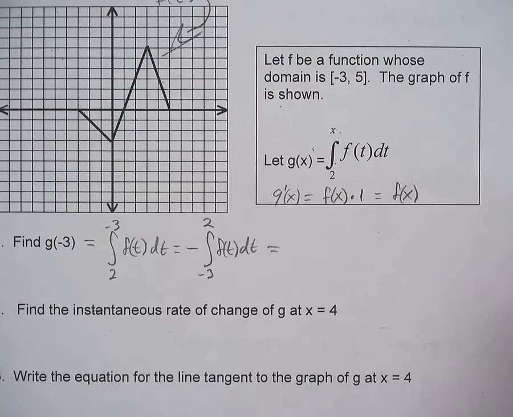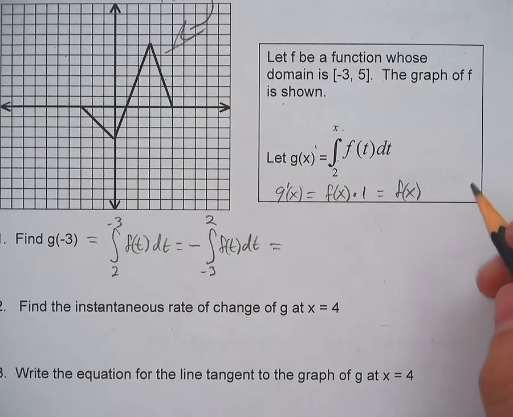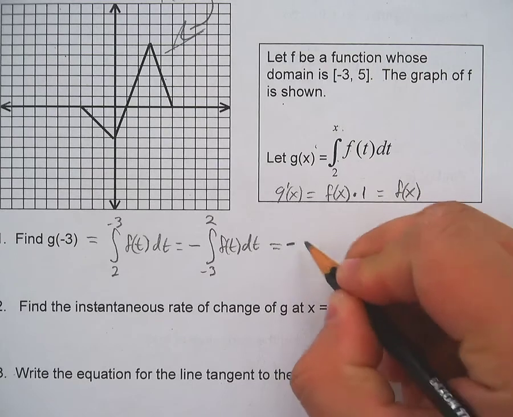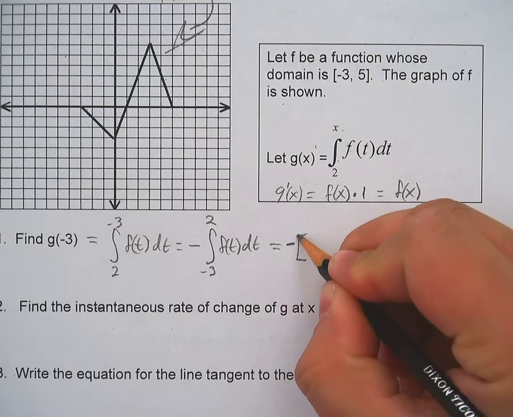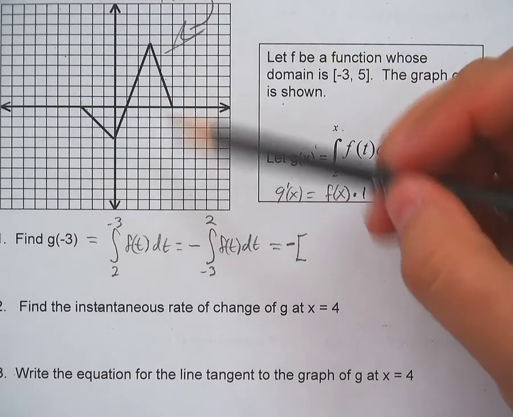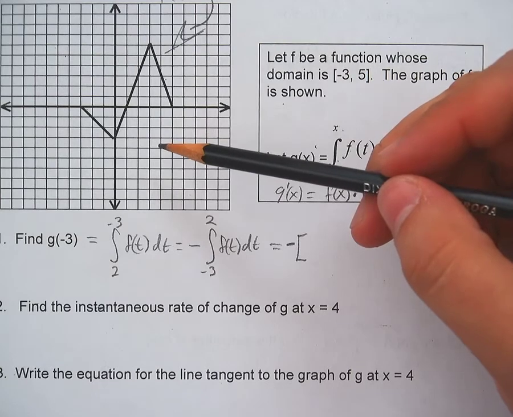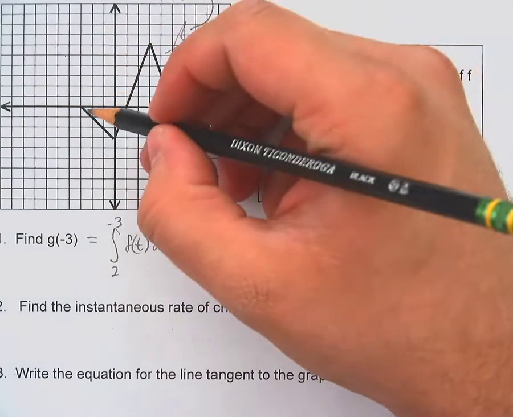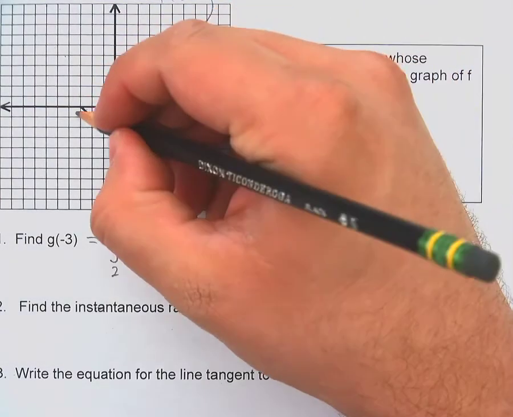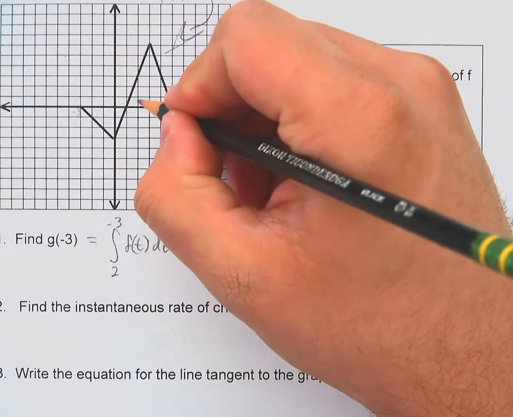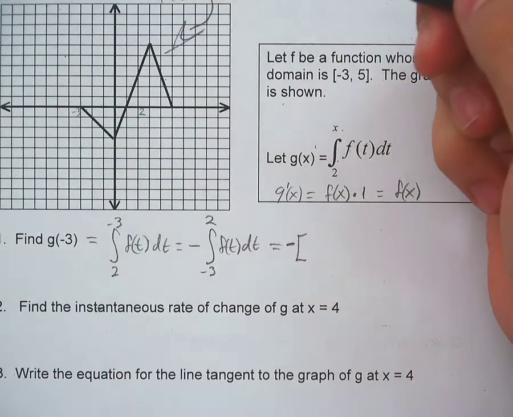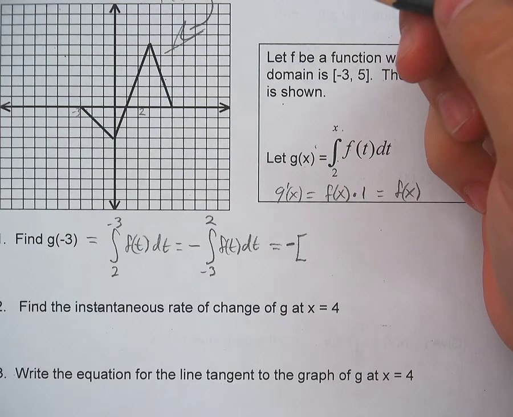Okay, so let's actually figure out what's happening here. We've got our negative sign, and I'm finding the area under this curve from -3 to 2. So I've got 1, 2, -3 here, and 2 here. Very interesting.